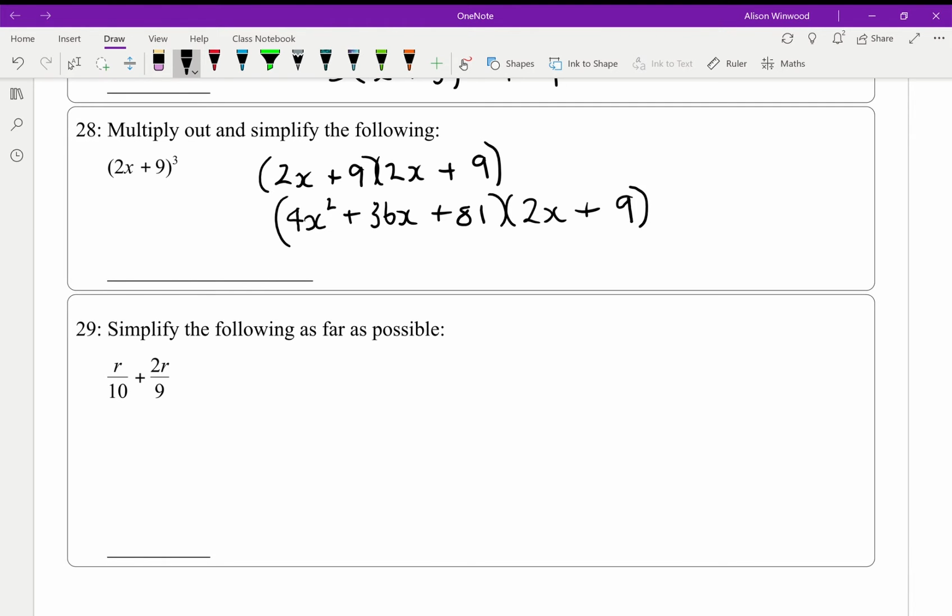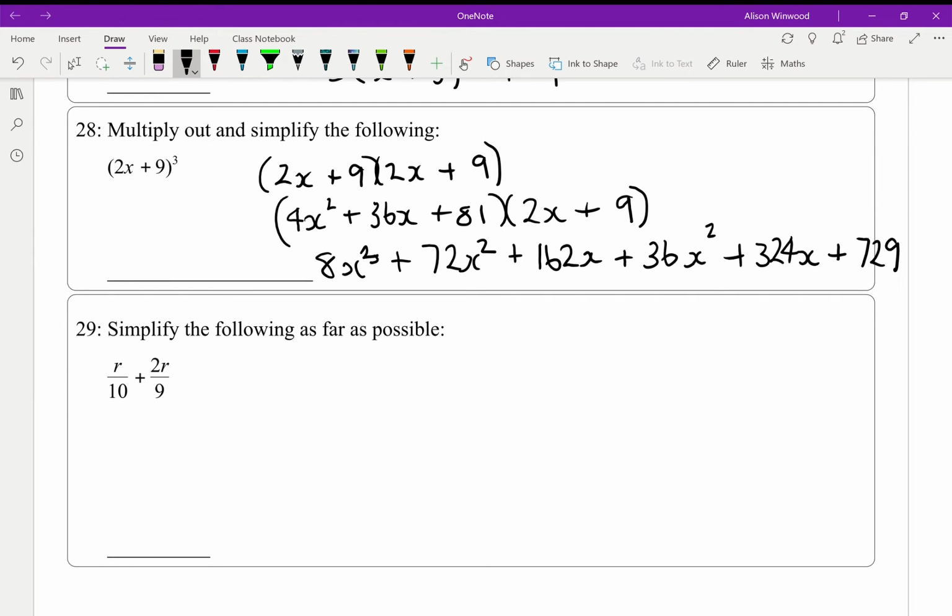So 4x squared times 2x, that's 8x cubed, 36x times 2x is 72x squared, plus 162x, and then everything multiplied by 9 is 36x squared plus 36 times 9 is 324, plus 81 times 9 is 729, and then we can simplify.